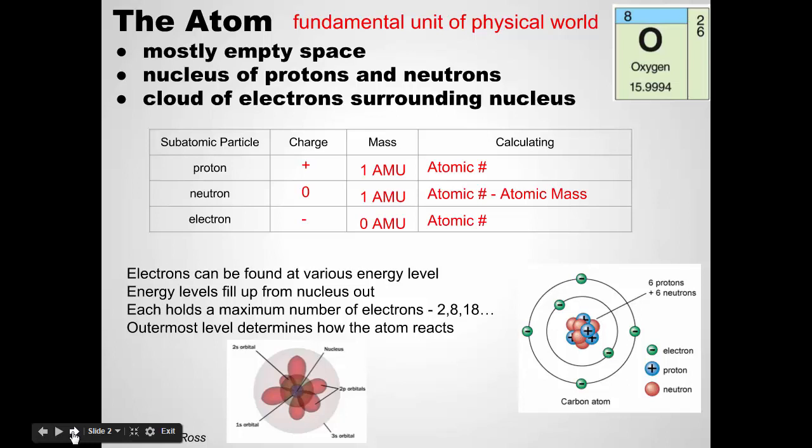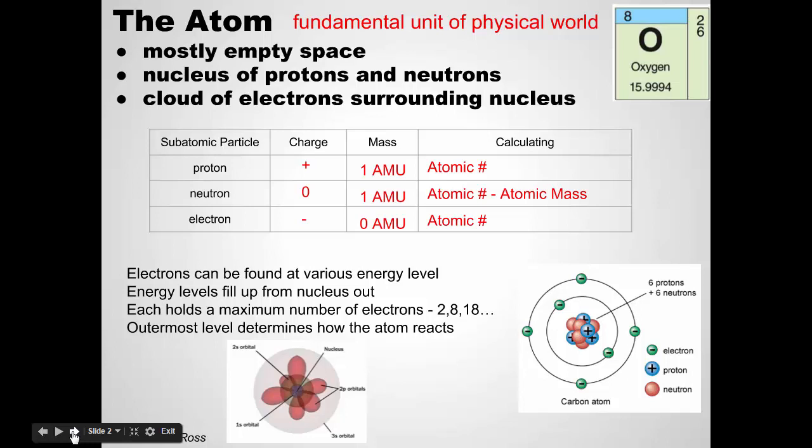Each level can only hold a maximum of a certain number of electrons, and that varies depending on what level it is. We sometimes draw them as circles orbiting the nucleus. It's not really what they look like. It's much more complicated than that. They have complex shapes. The different orbitals have different shapes. You'll study that probably in chemistry next year.